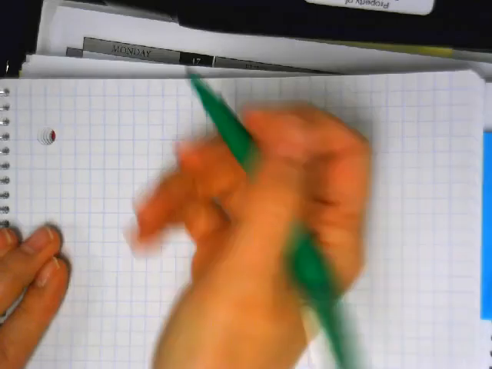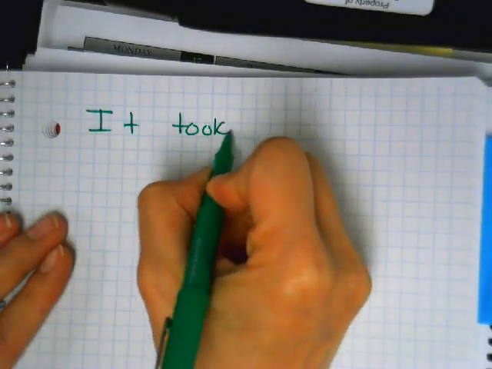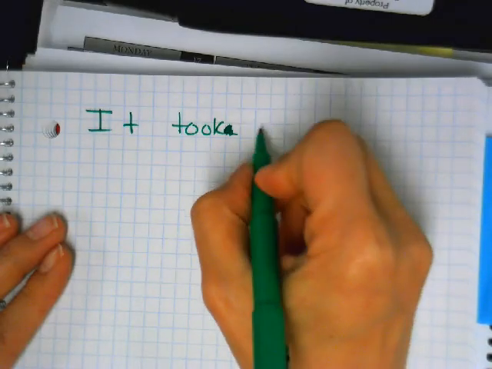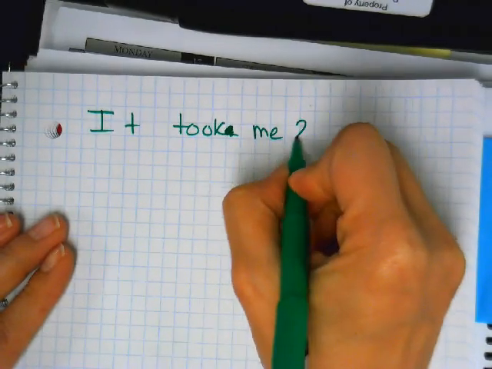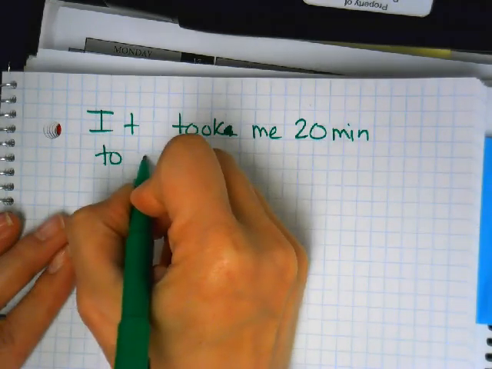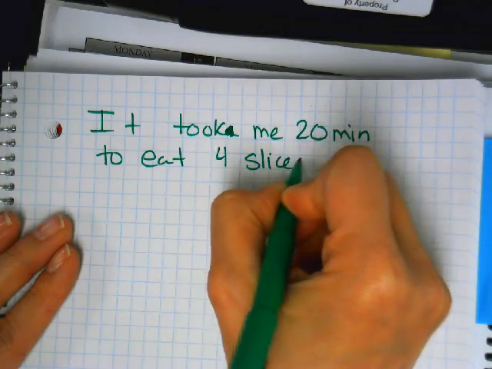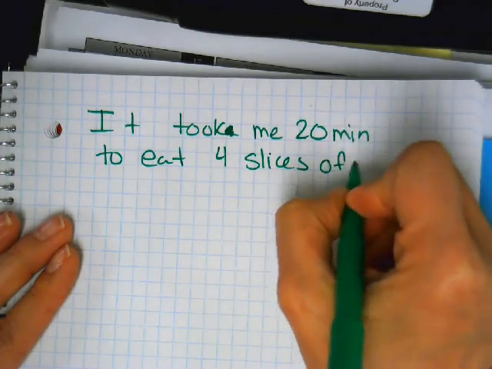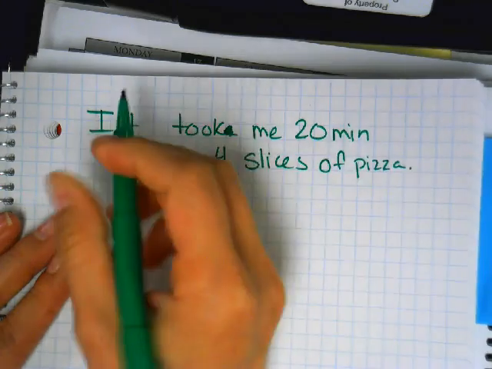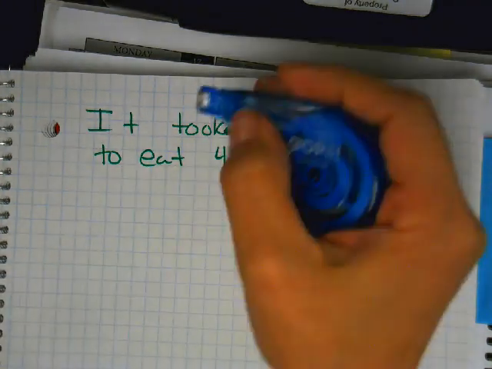It took me 20 minutes to eat 4 slices of pizza. Is that pretty fast or pretty slow?